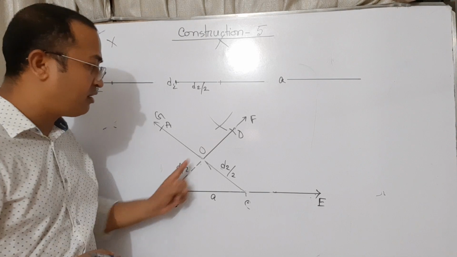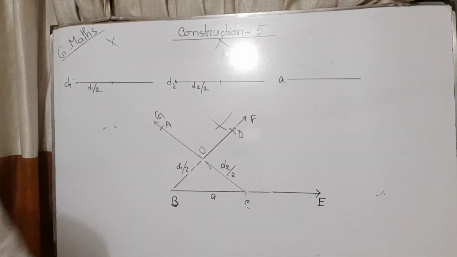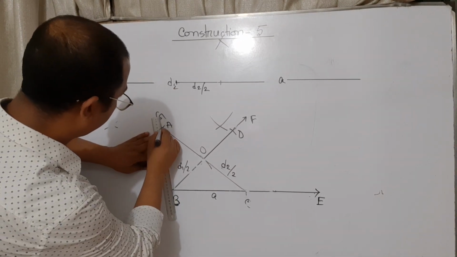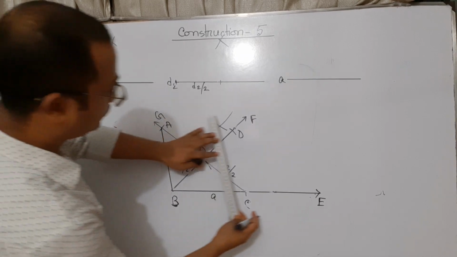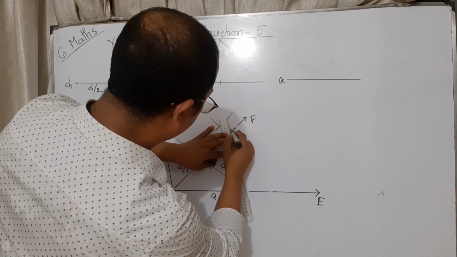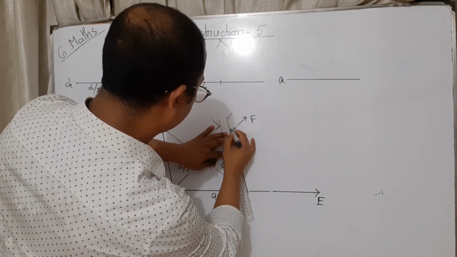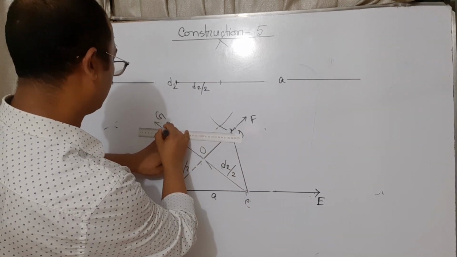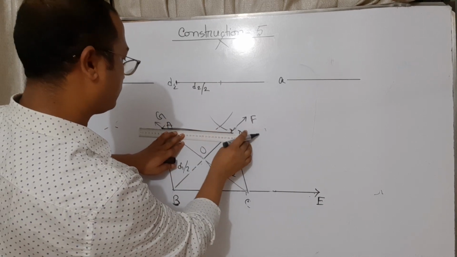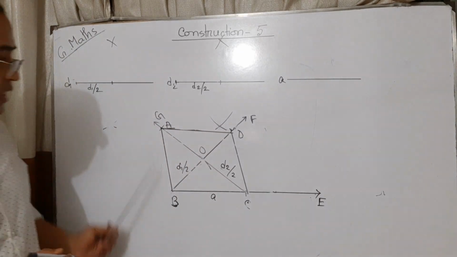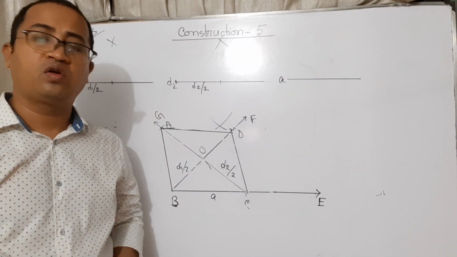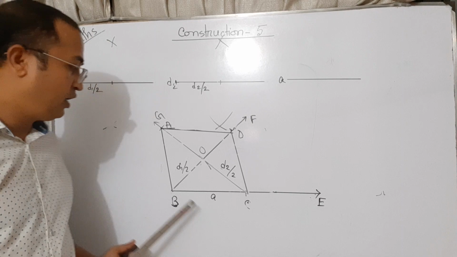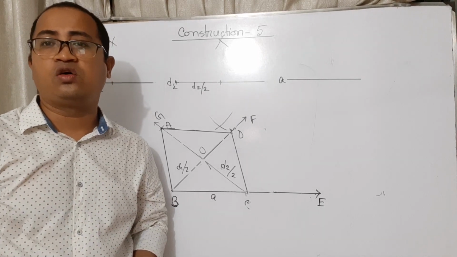Now we join AB, CD and AD. So student, look, ABCD is the required parallelogram, since AC is diagonal 1 and BD is diagonal 2 and BC is a side of the parallelogram.